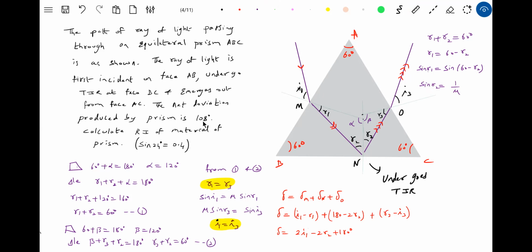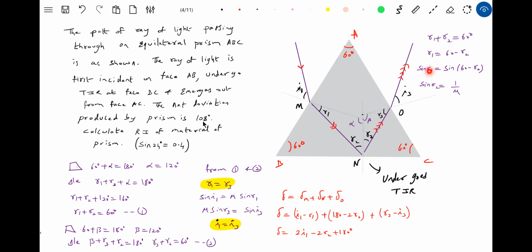Now we have to get an expression for mu. So mu will come from sine I1 equal to mu sine R1. So I should replace R2, I got it. Let me take help of this equation.